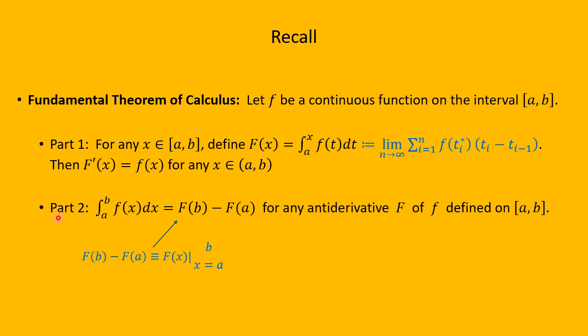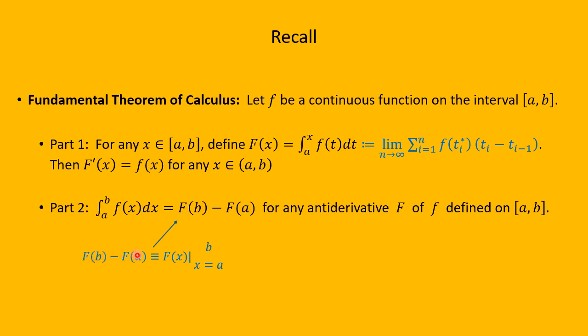In part 2, we can say that the integral from a to b of f of x dx, f, remember, being a continuous function on the closed interval [a, b], is just equal to capital F of b minus capital F of a for any antiderivative capital F of a function little f defined on the closed interval [a, b]. Now later we might want to use a little bit of different notation for this quantity, F of b minus F of a, capital F's.